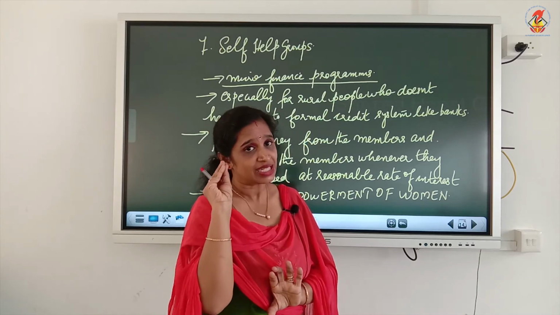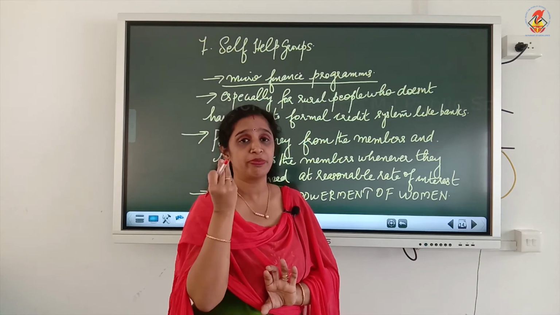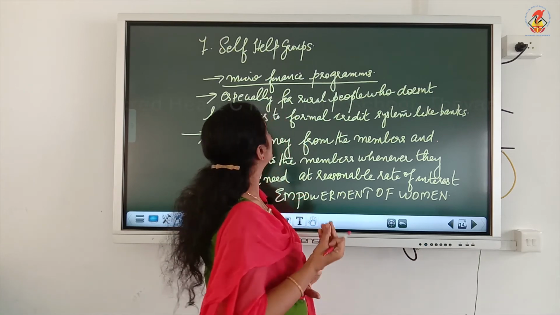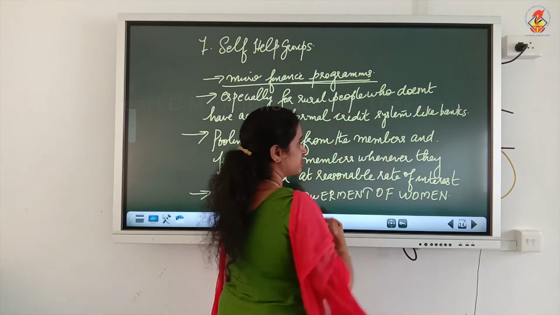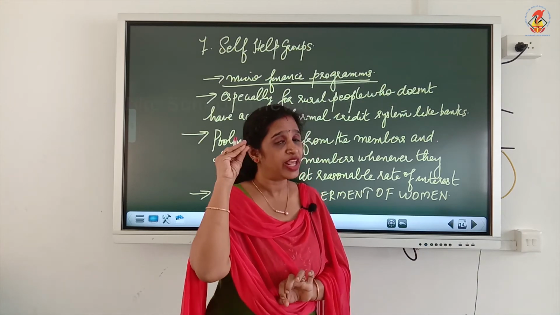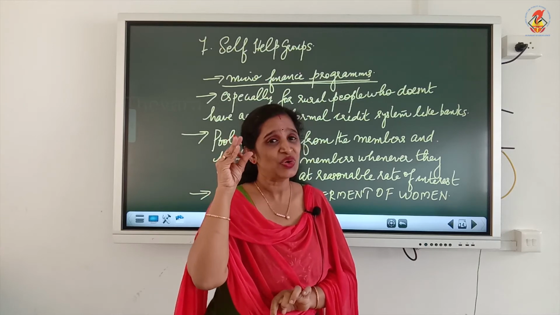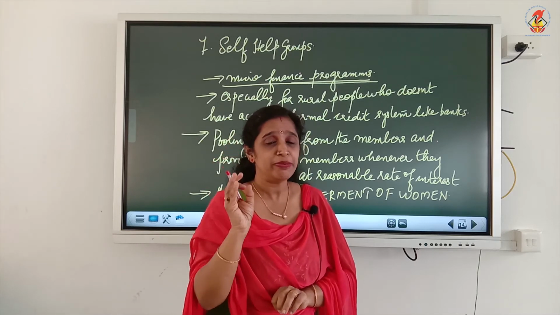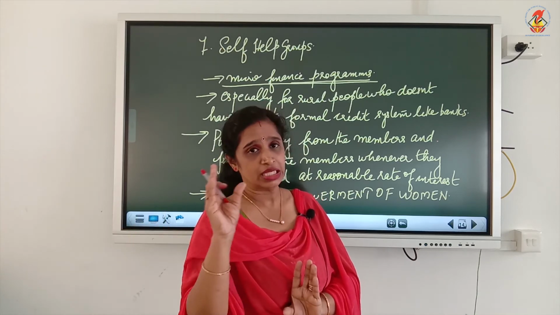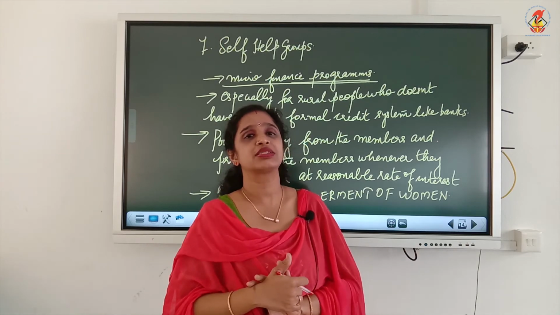So that gives credit facilities to the members in that particular group. That is why they are known as microfinance programs. It is related to that unit itself, because you know the word micro means what? Small unit. So the credit facility is limited to that small unit. There is a specific number of people who have to be in the self-help group.